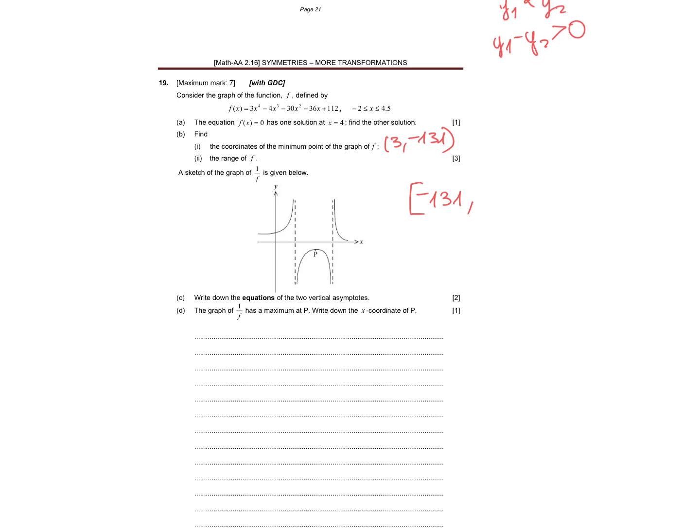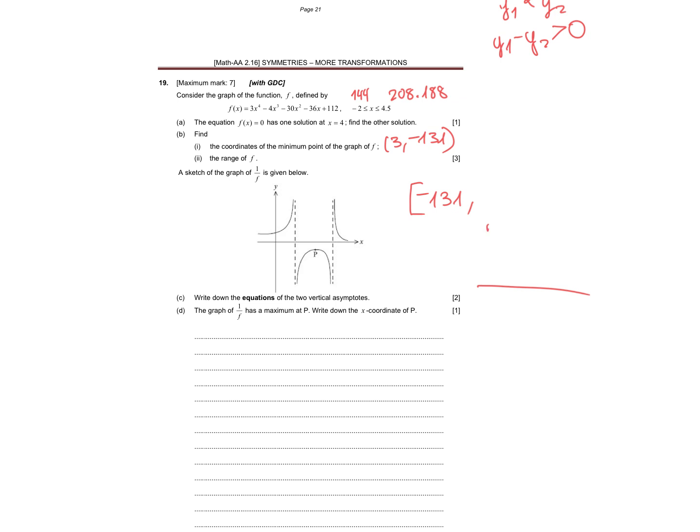So you should do menu 5.1, menu trace, graph trace, and type in negative 2, and you get 144. And for 4.5, you get 208.188.